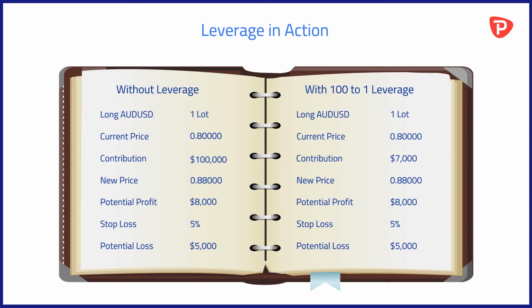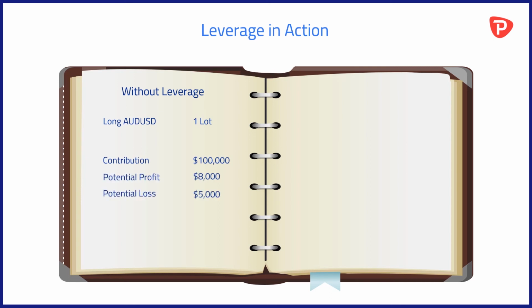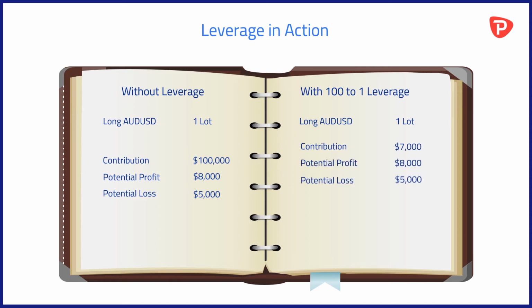The difference is that the trade that uses 100 to 1 leverage has given the trader the opportunity to redistribute $93,000 and maintain the same exposure. As you can see in the example on the screen, if the trader was to place the remaining $93,000 in a term deposit for 1 year at a 4% return, they would receive a guaranteed interest payment of around $3,700.